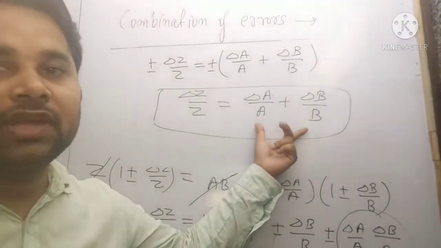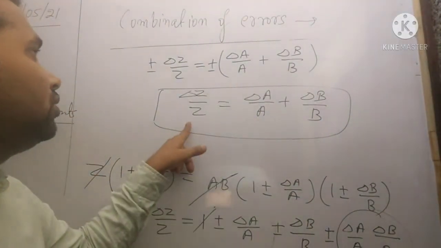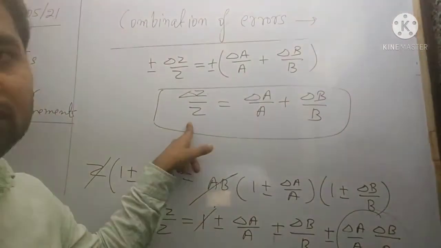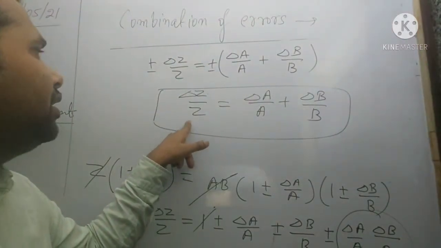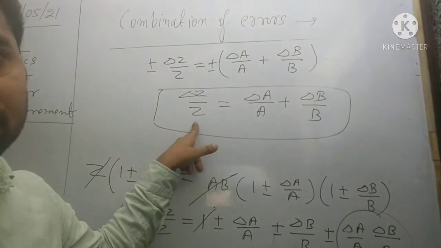और दोनों का सम क्या है? It is equals to the fractional error. Relative error or fractional error in the result, that is z.